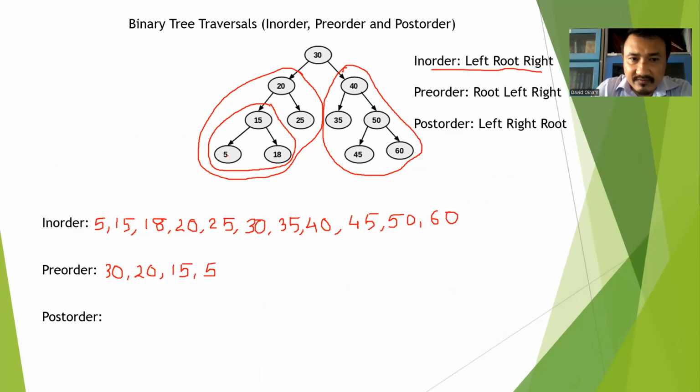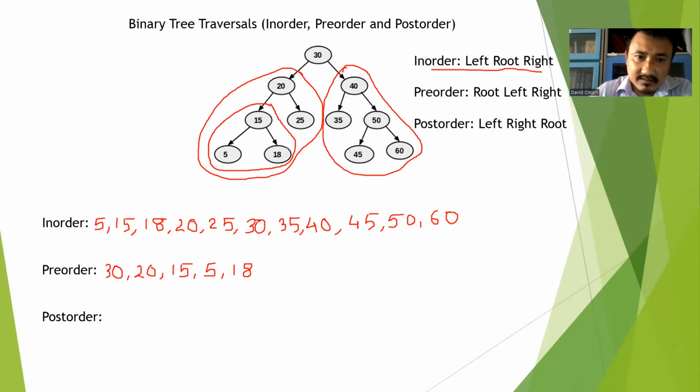Then from here, root, left, and right: root is 15, left 5, right is 18. We are going to write here 18. Root, left, right, we have completed here.